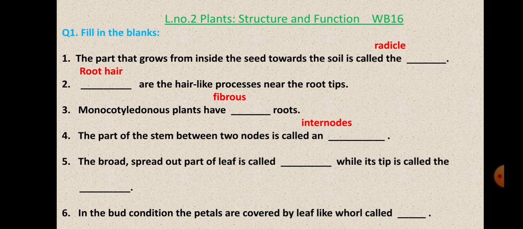The green, broad part is the leaf blade, while the tip is called the leaf apex. In the bud condition, the petals are covered by a leaf-like whorl; the outermost green colored whorl is called the calyx. So I hope you have written the answers.